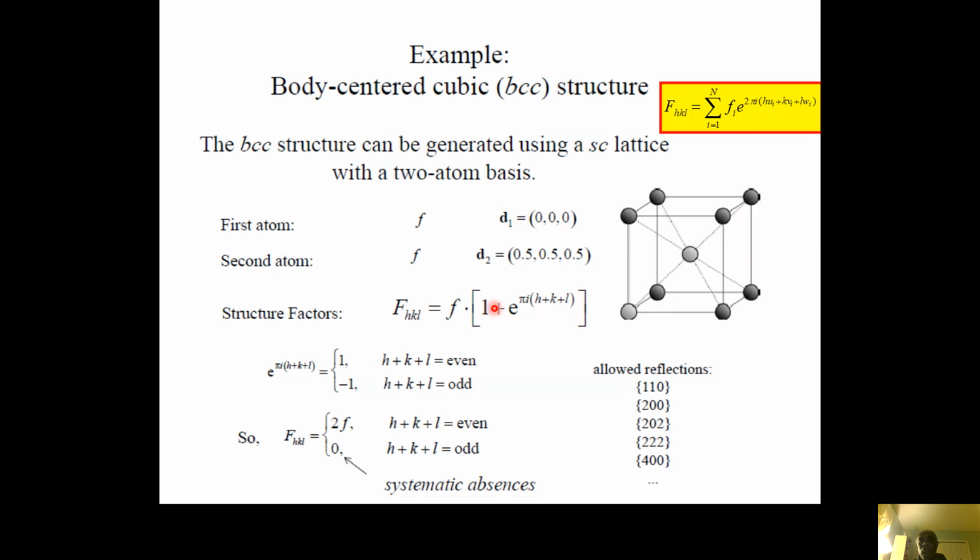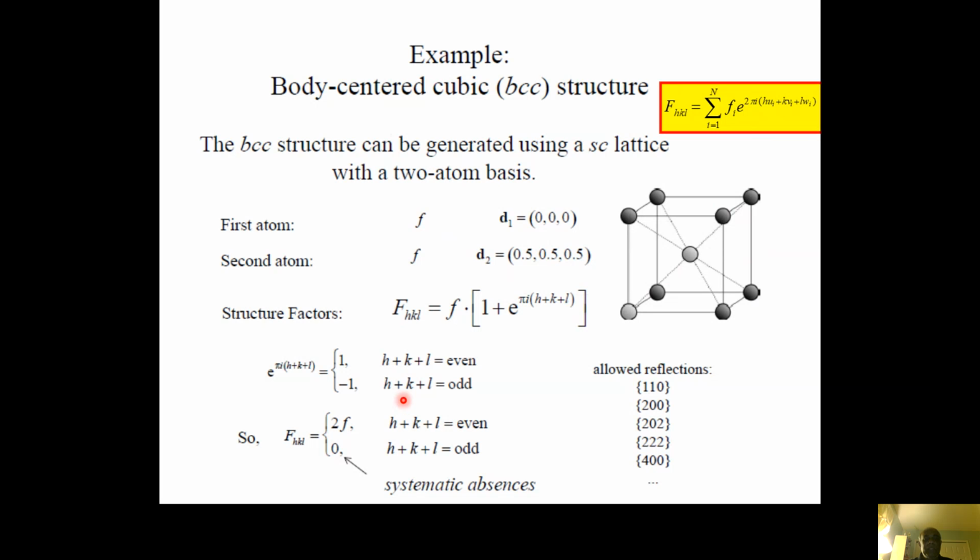Now if h plus k plus l is an even number, then this becomes positive 1, so 1 plus 1 gives 2, which is why you get 2 times f.